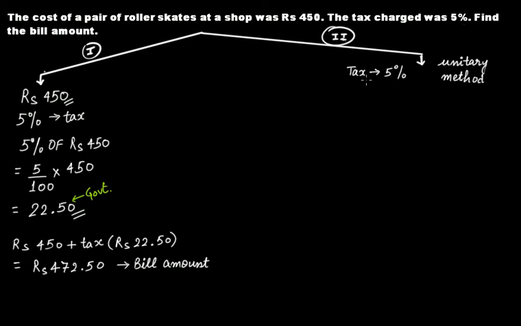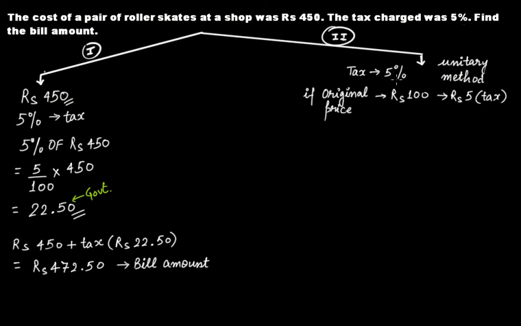So 5% means what? The tax is 5%. It means that if your original price is rupees 100, then on this original price rupees 5 will be tax.